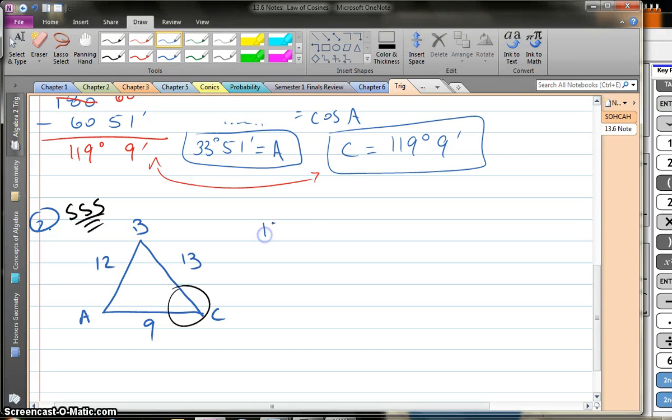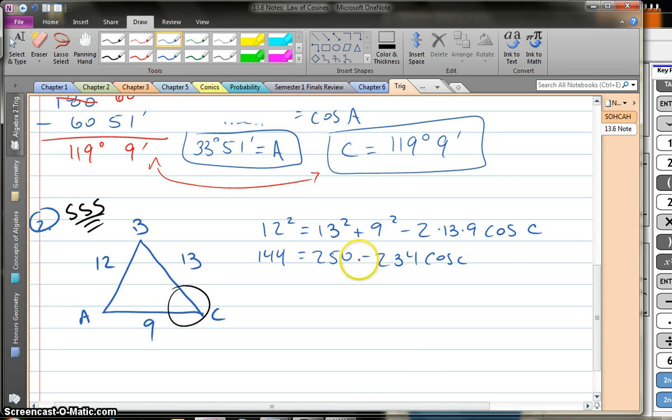All right. So I have C squared equals A squared plus B squared, minus 2 times 13 times 9 times the cosine of angle C. All right, so I got 144 equals 250 minus 234 times the cosine of C. All right, so now take away 250.